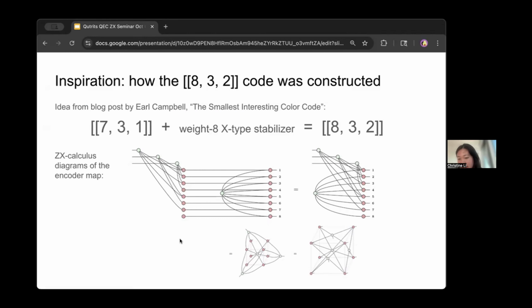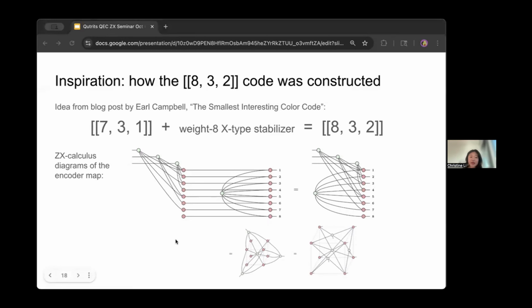We can see that adding this additional stabilizer increases the code distance to 2. And this gives us exactly the 832 code. This idea was mentioned in a blog post by Earl Campbell called "The Smallest Interesting Color Code."